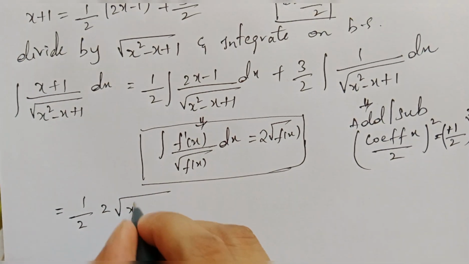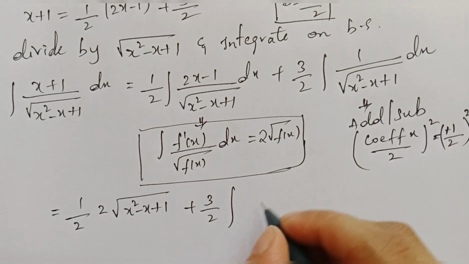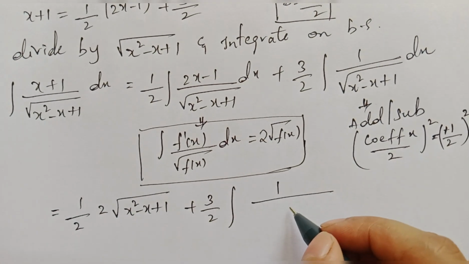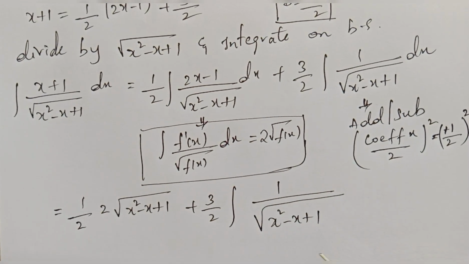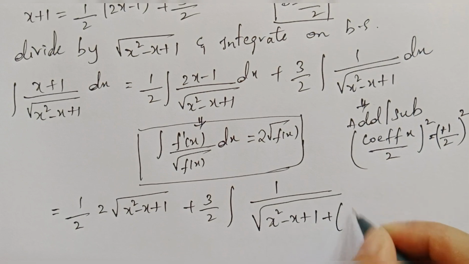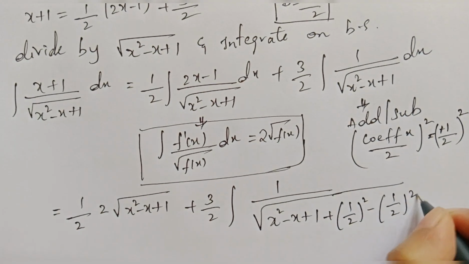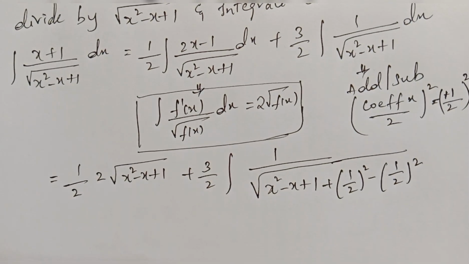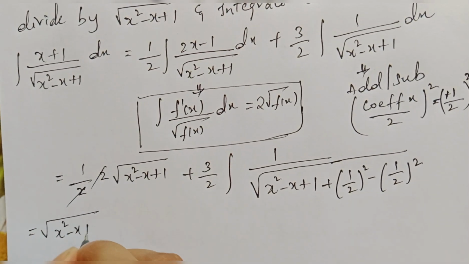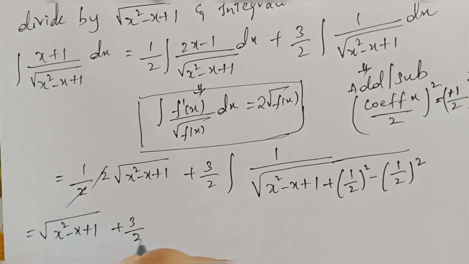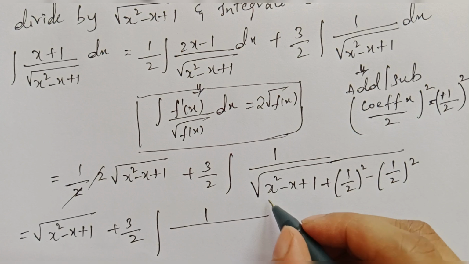root f of x, which is x square minus x plus 1, and here plus 3 by 2 integral of 1 by our denominator value, x square minus x plus 1, the same thing, and we should add 1 by 2 whole square and subtract 1 by 2 whole square. Okay, so here the 2 gets cancelled out, so we'll be remaining with root of x square minus x plus 1 plus 3 by 2 integral 1 by, here we can take this term a square.